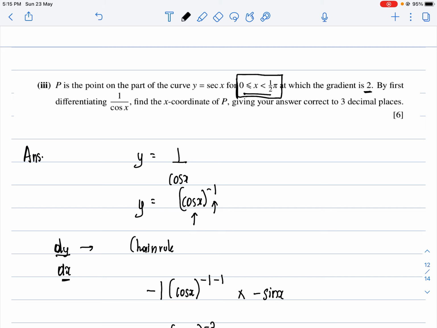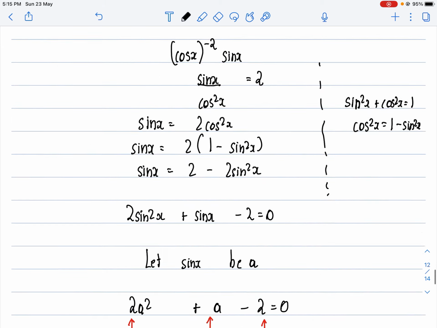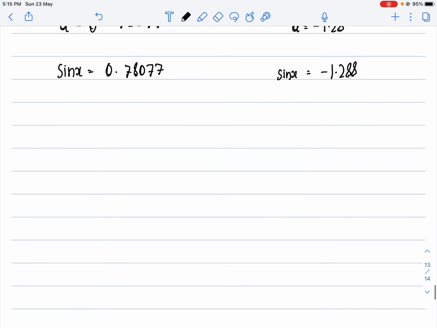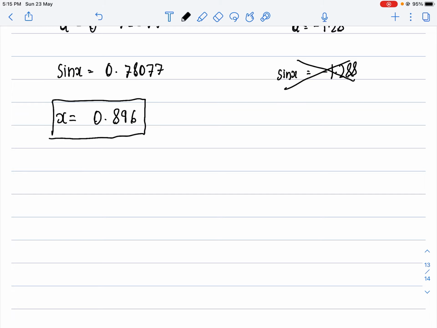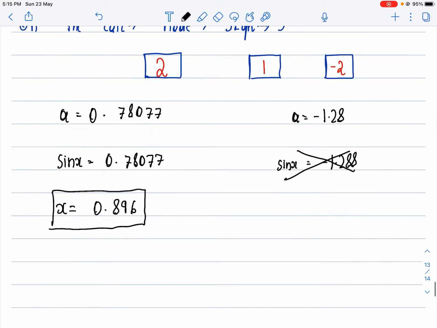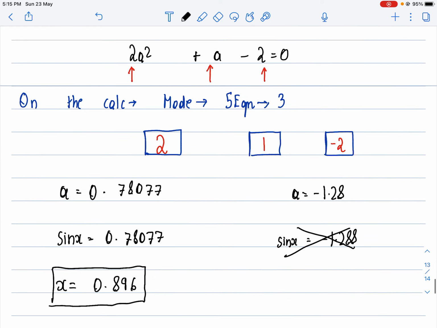That means it's only in the first quadrant of ASTC, so it can't take any negative values. So this is out. Now I need to write x equals, in radian mode, the sine inverse of 0.78077, which gives me the answer of 0.896 in radian mode. So this is the final answer of the question, which I needed to write to 3 decimal places, which I've done.